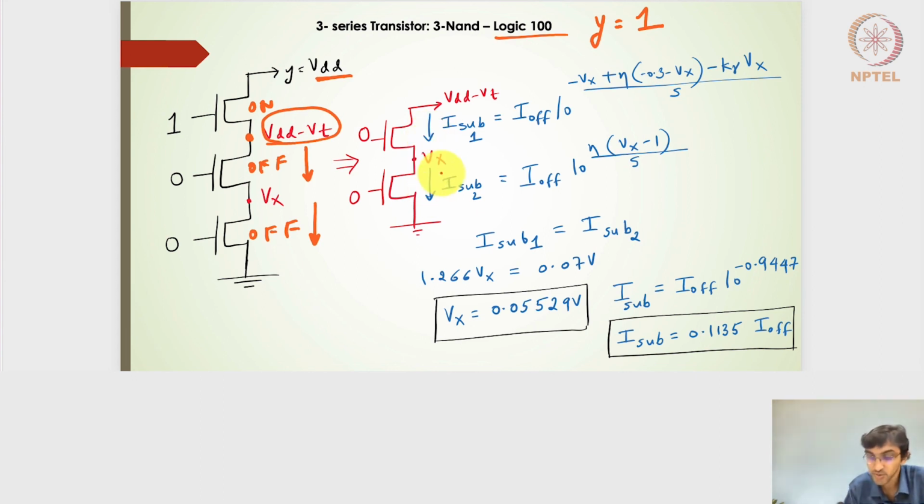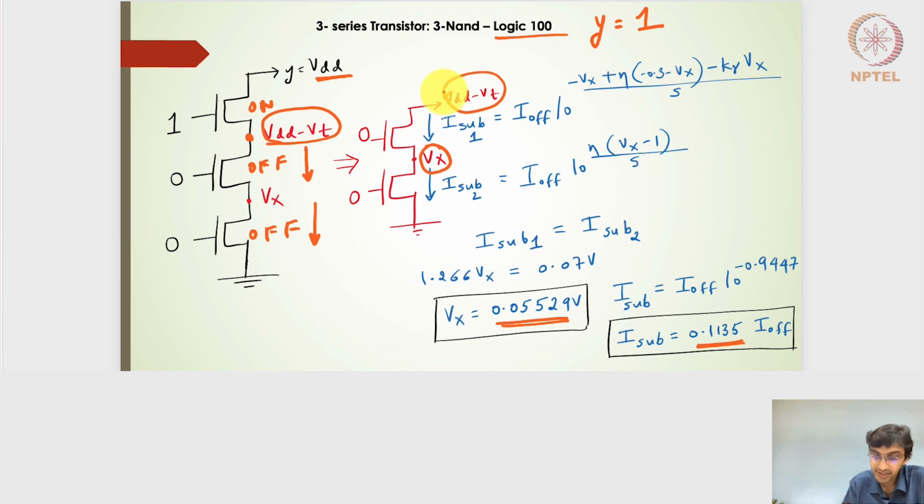So we should be able to use this Vx value in the subthreshold leakage current, equate the subthreshold leakage for the first transistor and then the second transistor, and we should be able to find the Vx value, right? It turns out to be 0.05529. The subthreshold leakage current turns out to be 0.1135 of the I off, right?